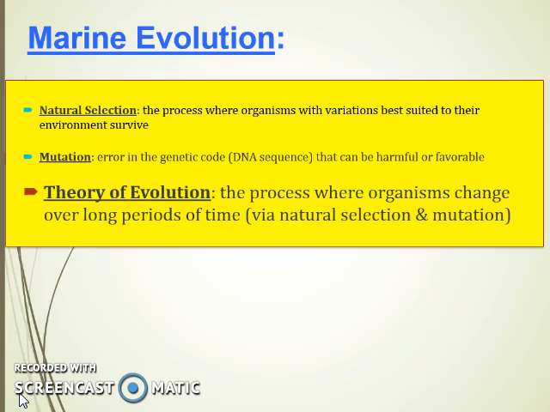Not Cyclops, not Gambit, not even Wolverine, but tiny errors in your genetic code, in your DNA sequence, that can either harm the organism or the species or benefit them.